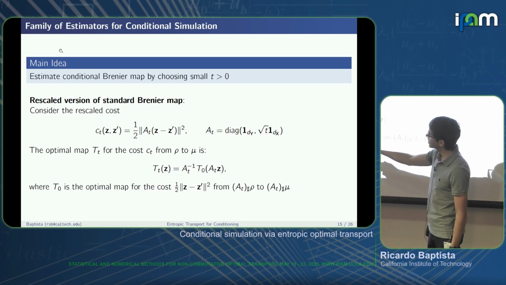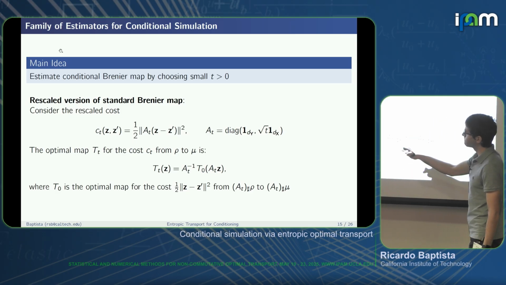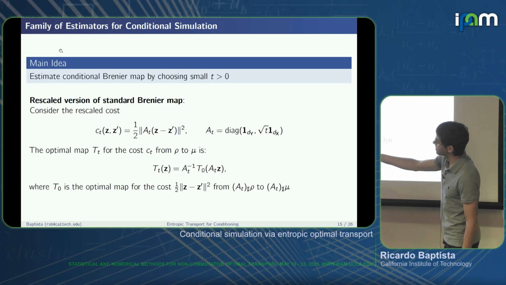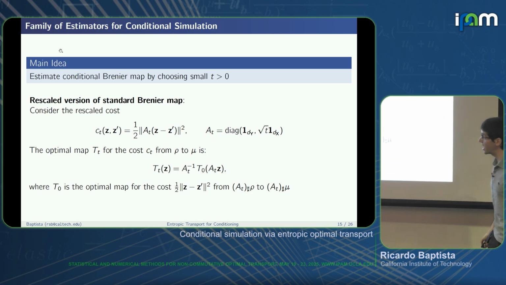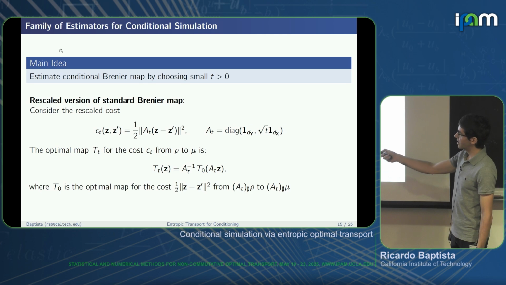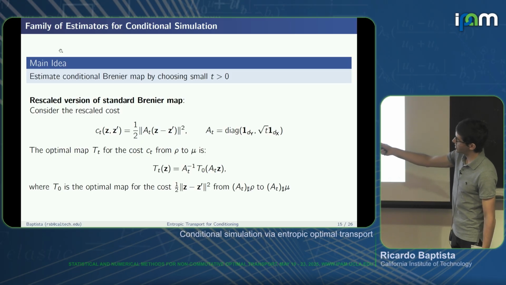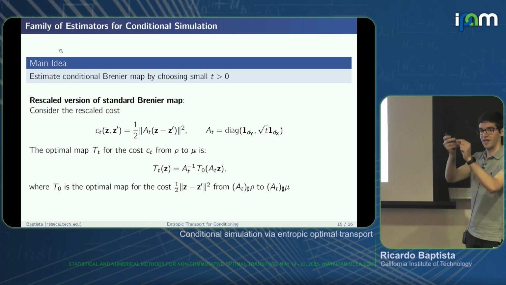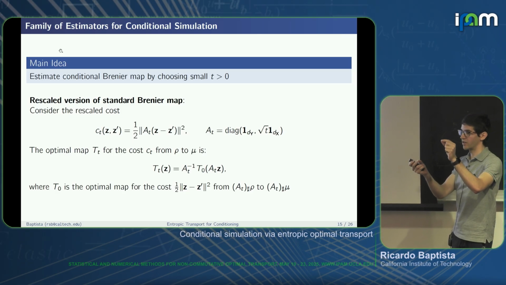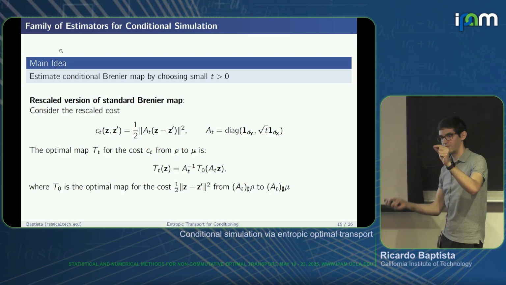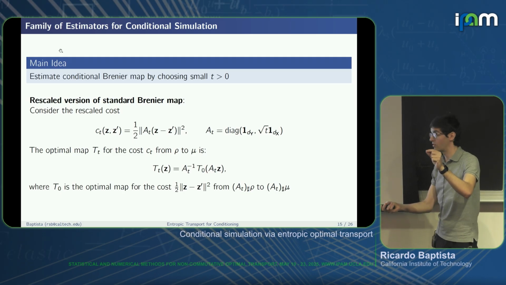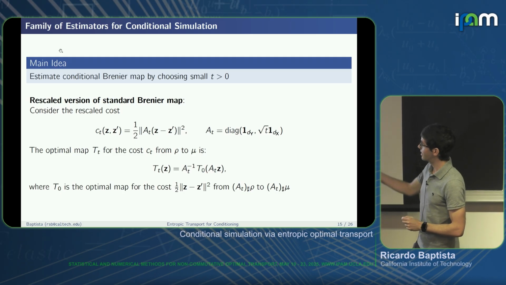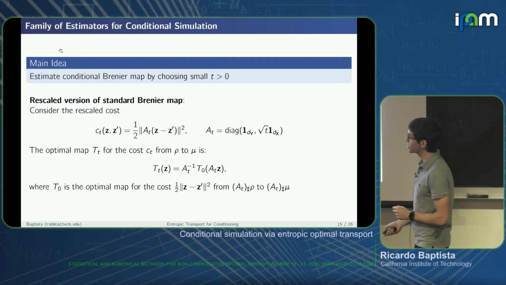So if we have a cost C_t given by this quadratic form with any arbitrary weighting matrix A_t in the norm, in this particular case, A_t corresponds to a diagonal matrix that has 1s for the first block of variables, and then the square root of t, this parameter, for the second block of variables.